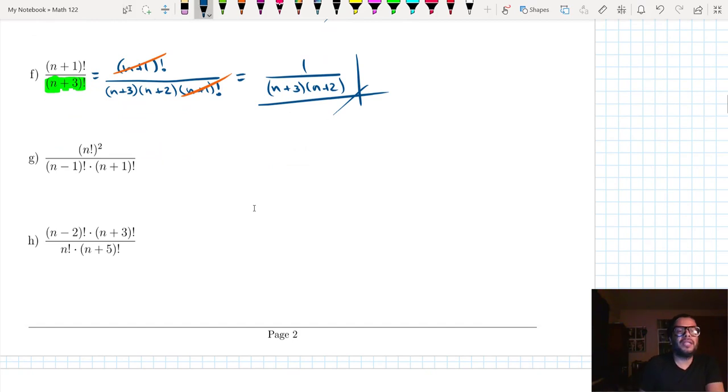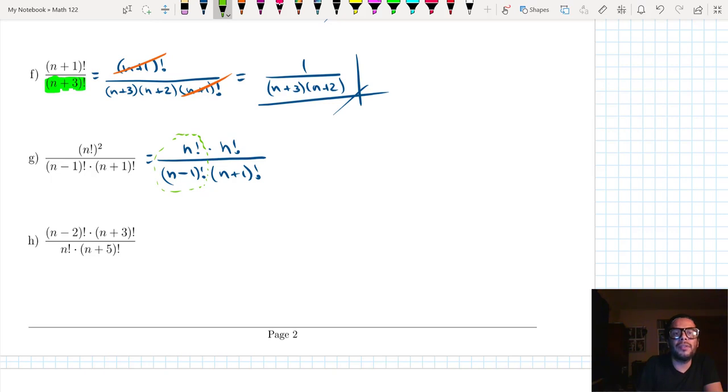All right, what about letter G? For letter G, n factorial squared. I'm going to write n factorial squared as n factorial times itself, n factorial, divided by n minus 1 factorial times n plus 1 factorial. Okay, now I need you to observe something. Notice n factorial and n factorial, they are of the same order. Let's do a couple of ratios here.